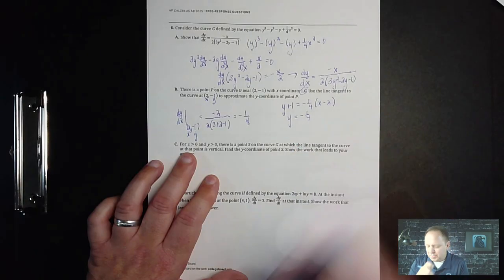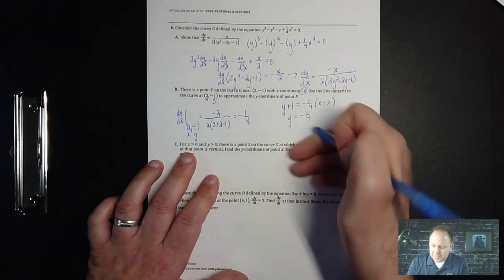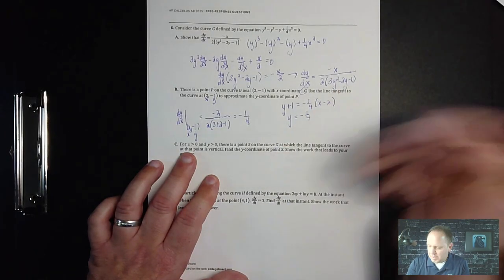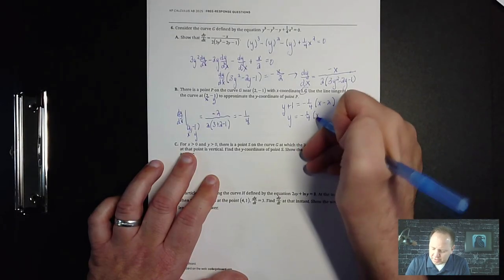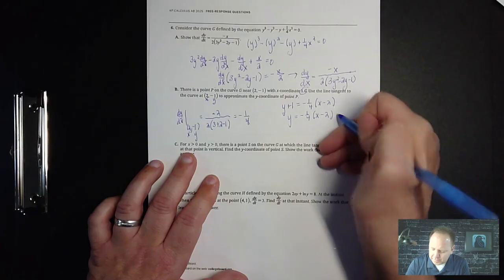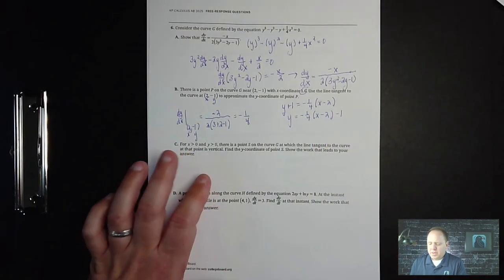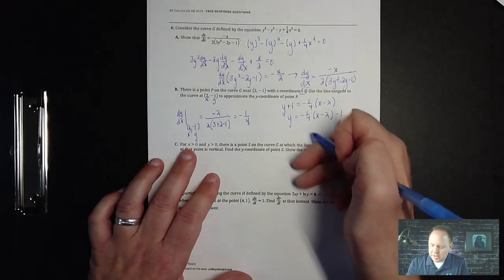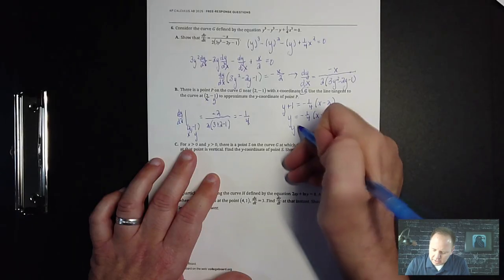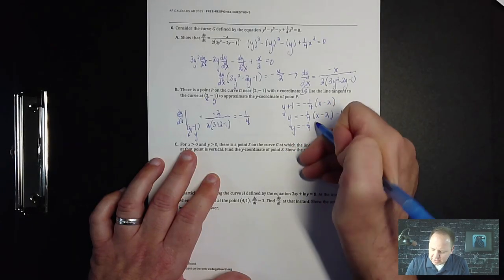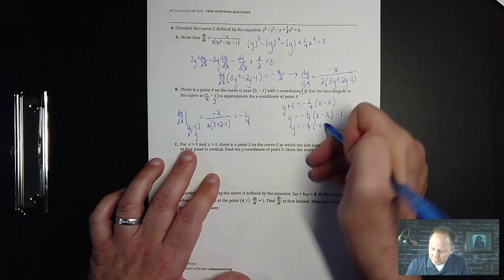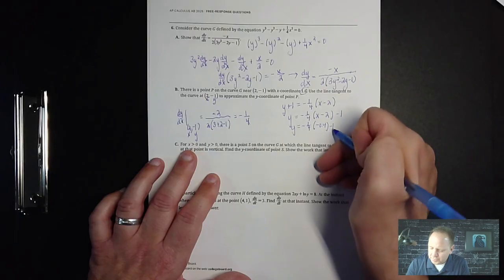And if you wanted to put like y sub p, I'm just going to leave it as y. Let's subtract the 1 over to the left. Now I'm going to plug in my 1.6, and I'm going to get a negative 0.4 and then minus 1.